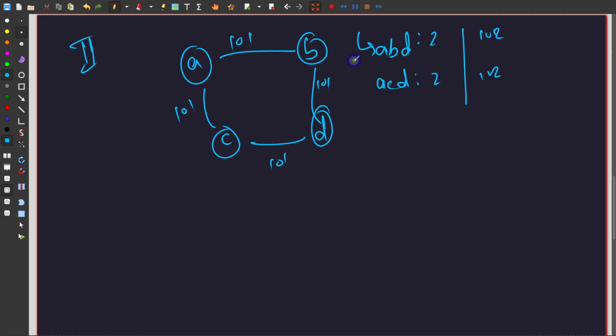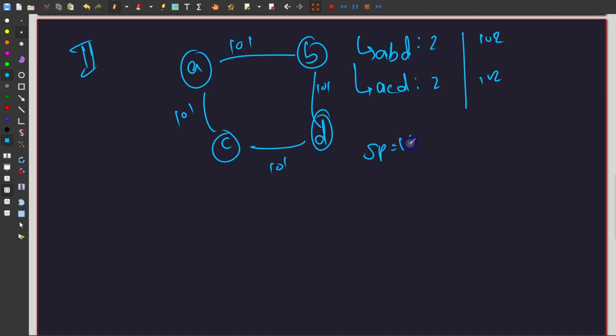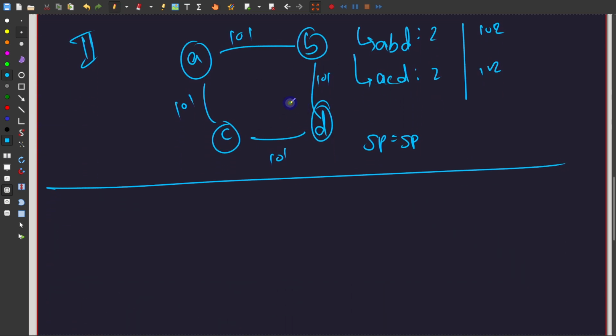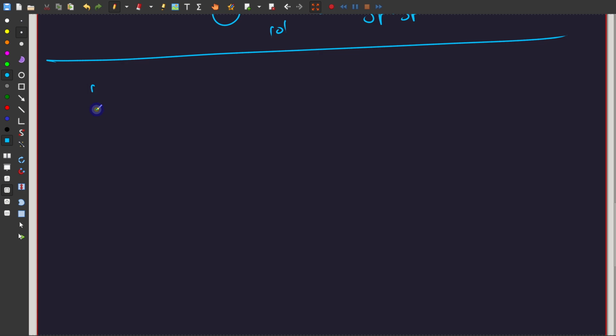So every SP is still an SP. So even here with this particular thing, you are still discriminating again. Is it really the case that you cannot have a hybrid, a mix of distinct and non-distinct edge weights? So that is the third case that you're actually missing out on.